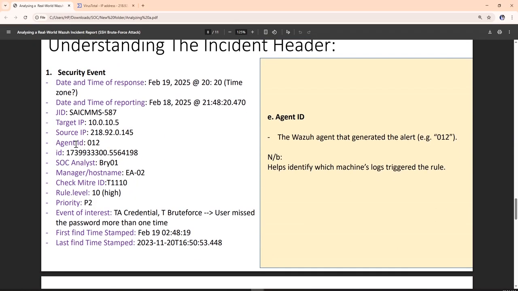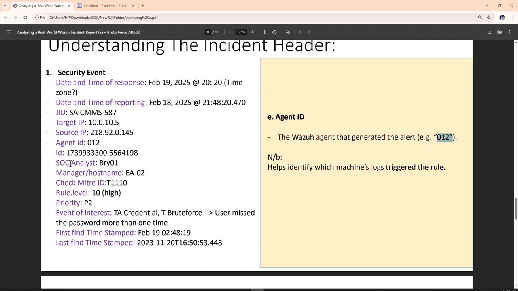So here we have the agent ID. Now, the Wazuh agent that generated that alert: for every alert to come, it must be coming from somewhere. So, for example, let's say it is coming from a printer. We must have installed a Wazuh agent inside the printer to get us information.